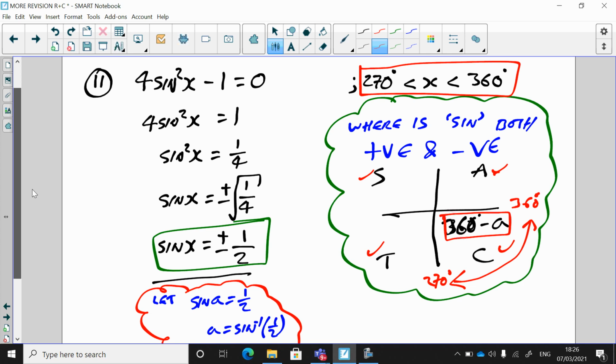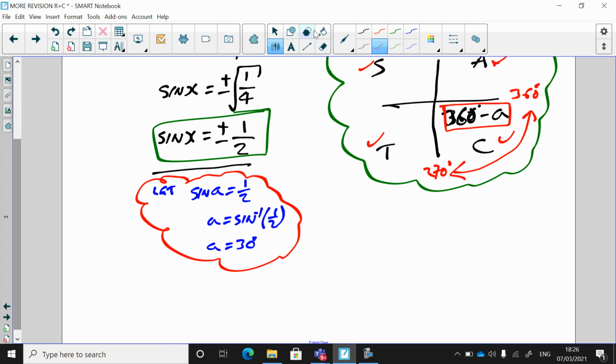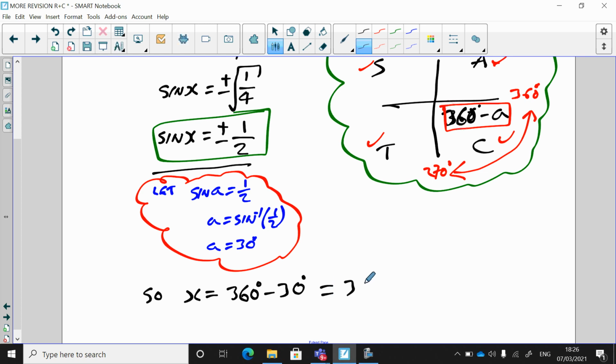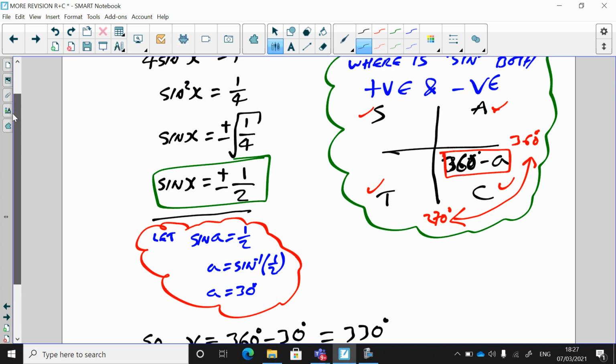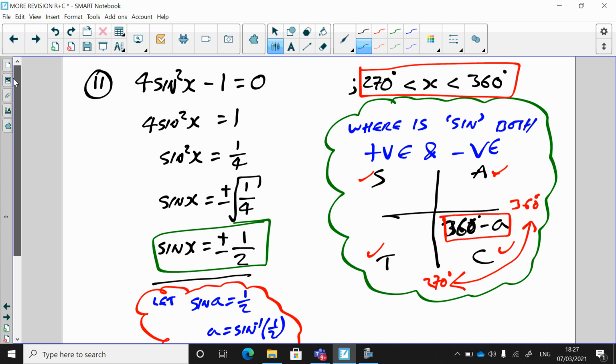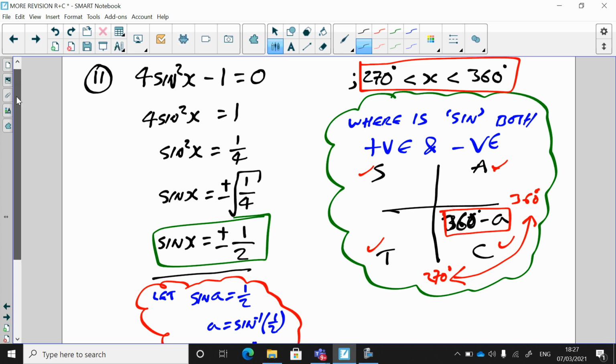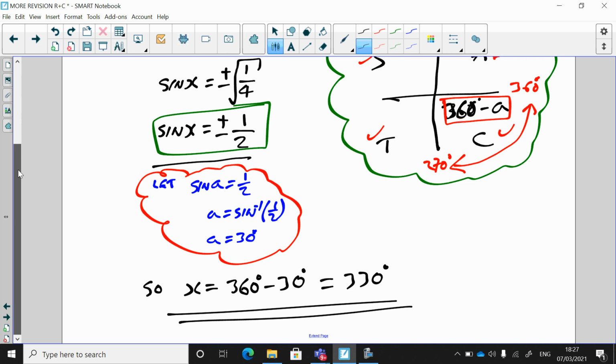So that's it. Just take your calculator answer and use 360 minus A. And that's my final answer, 330 degrees. And again, because I'm scrolling up and down the page, you just need to go back here, rewind and see how you go on.